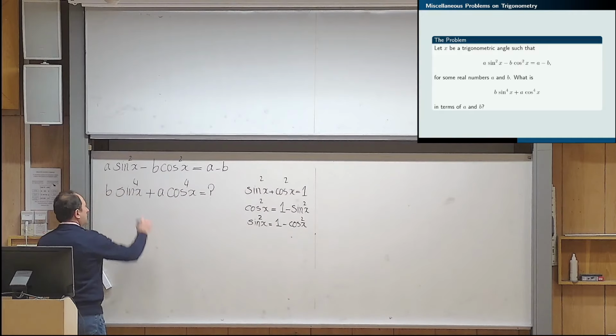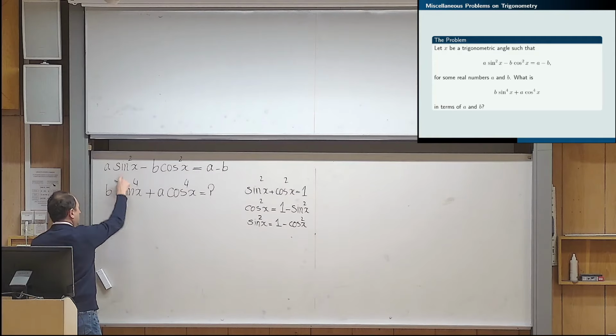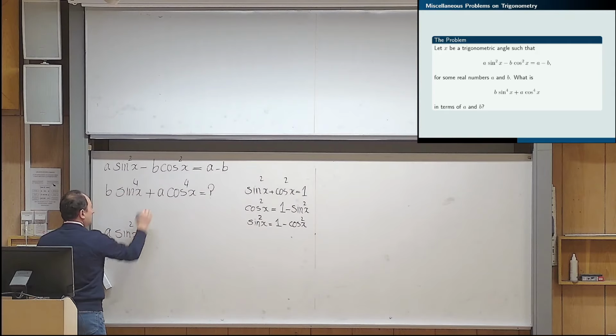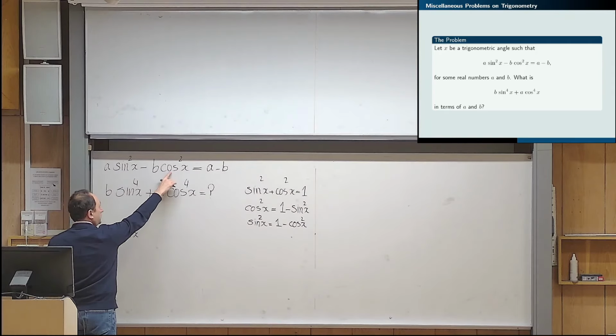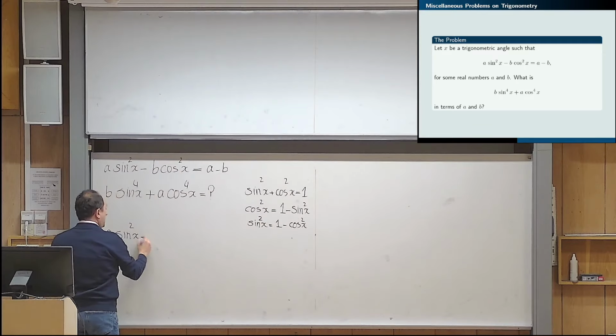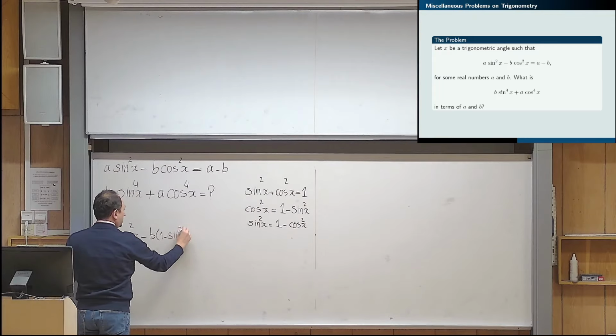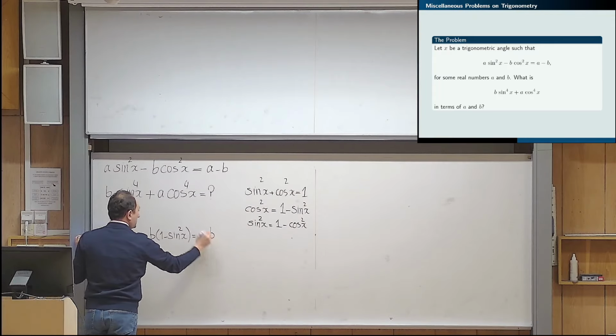Here, for example, I want to use both of them because I need both sine and cosine. So I go here, I copy and paste the first term as it is, but instead of cosine x squared here, I can use this formula. So then it becomes minus b times 1 minus sine x squared is equal to a minus b.